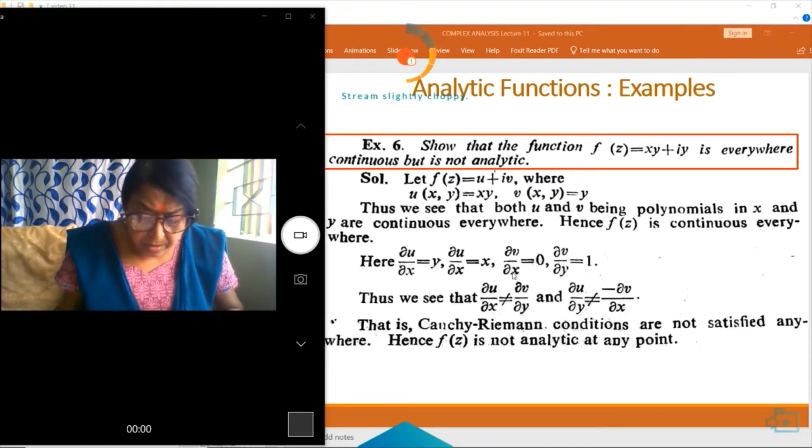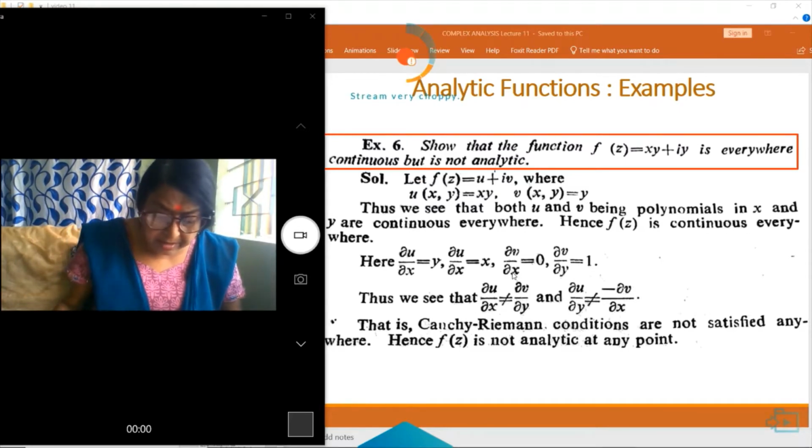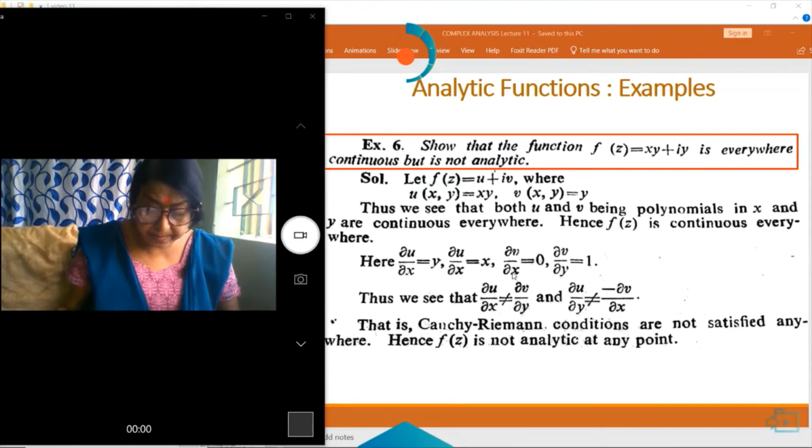So we calculate ∂u/∂x, ∂u/∂y, ∂v/∂x and ∂v/∂y. Here the Cauchy-Riemann equation is not satisfied, hence f(z) is not analytic at any point.